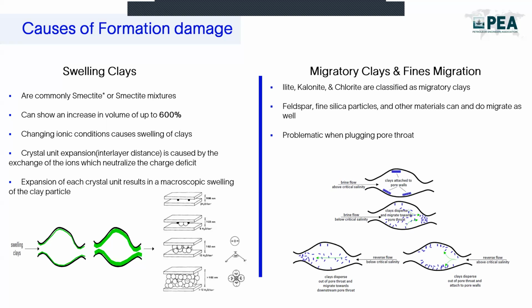Moving to the other type, which are the migratory clays or fine migrations. Known as migratory clays, they are prone to movement within the reservoir due to their unique properties. And this includes what we call illite.